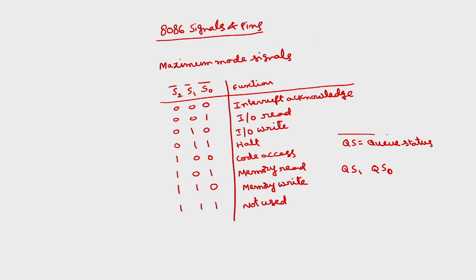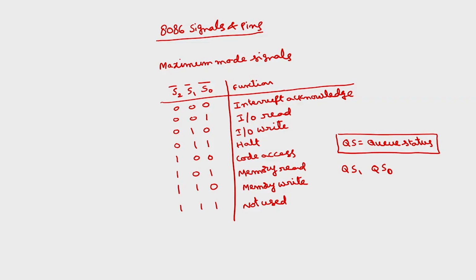We have already discussed in the architecture that 8086 contains a 6 byte instruction queue. By using this instruction queue we can overlap the fetch and execute operations, thereby increasing the speed of operation, which is called pipelining. The status of this queue will be indicated by QS1 and QS0. For the 4 combinations of QS1 and QS0, the corresponding operations are as follows.